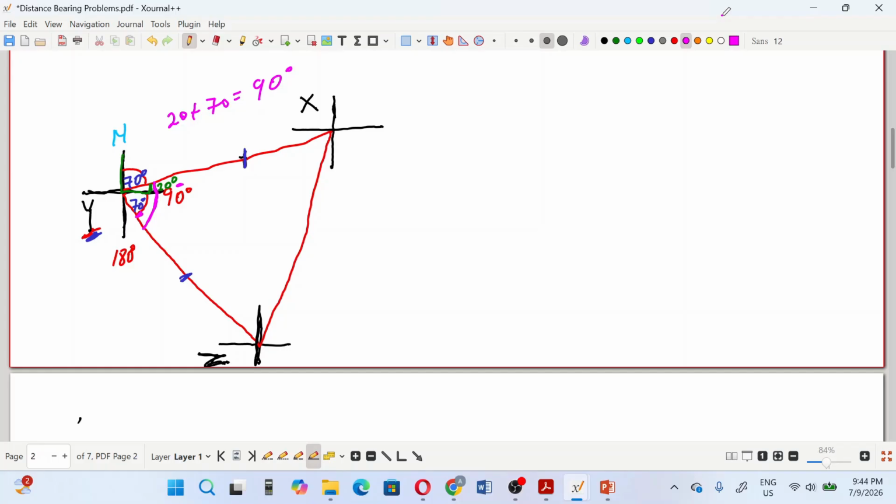And since one of the angles is 90 degrees, it's a right-angled triangle, right? So now I'm going to go to the second step that says form a right-angled triangle. So automatically now I have my right-angled triangle like this, right? So if I have a right-angled triangle, this part is 90 degrees, which we formed from here, right? And the right angle is at Y. So this is my Y. Remember, this is our X, and this is our Z.